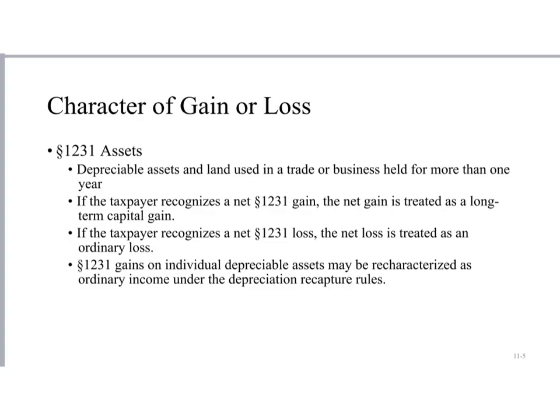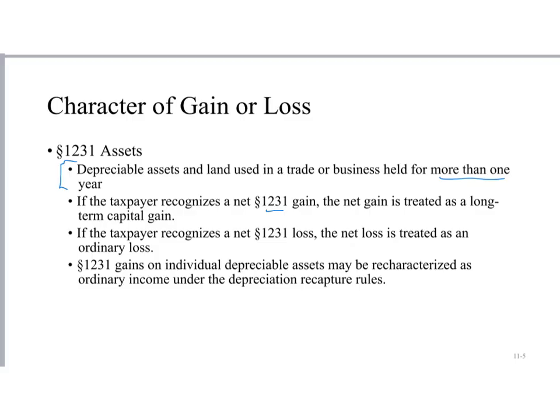So what are potential 1231 assets? Well, potential 1231 assets are depreciable assets and land used in a trade or business held for more than a year. So already you have to have essentially business property that's been held for more than a year. If there's a net 1231 gain, then that's treated as long-term capital.